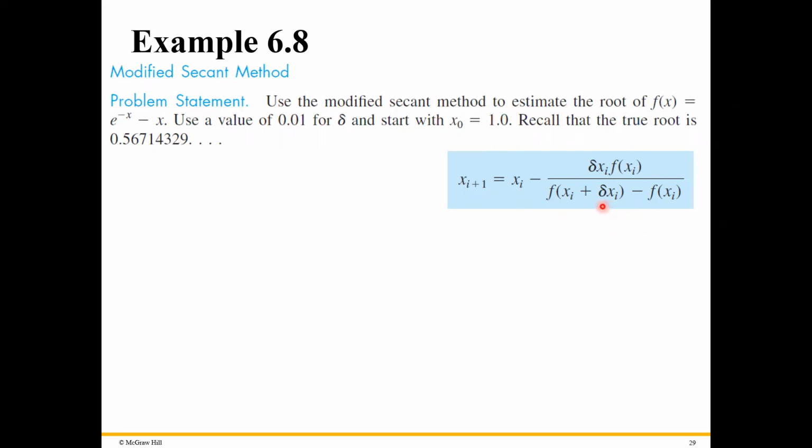Remember that delta xi is not just one variable. It is delta multiplied by xi. Delta is one variable and xi is another variable. By default we can take delta as a percentage of some value of xi. So the formulation is the same.